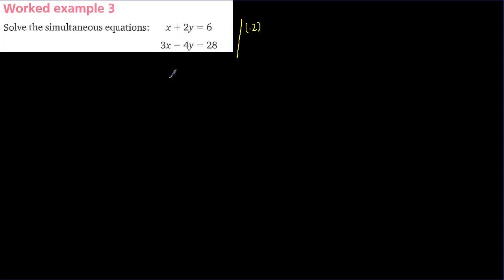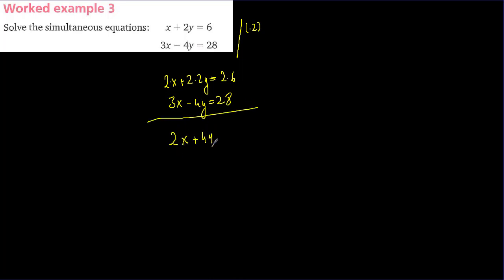It's going to be like this: 2 times x plus 2 times 2y is equal to 2 times 6. So I multiply all the terms by 2 in the first equation. 3x minus 4y is equal to 28, and here I'm writing 2x plus 4y is equal to 12.